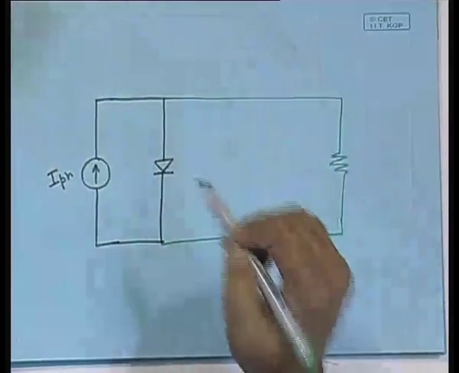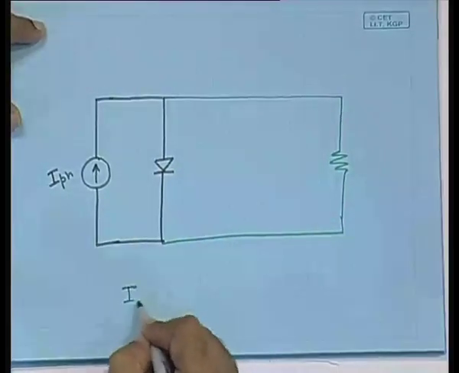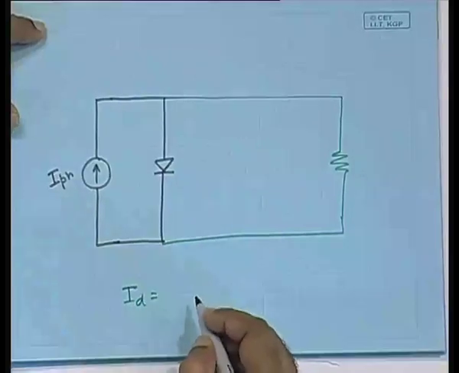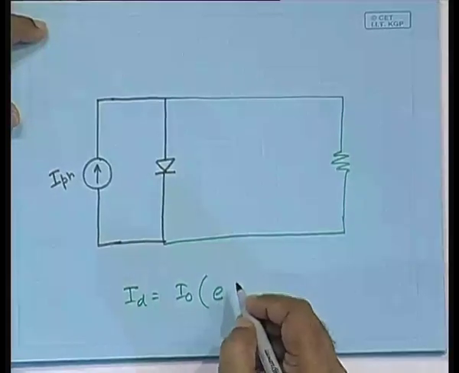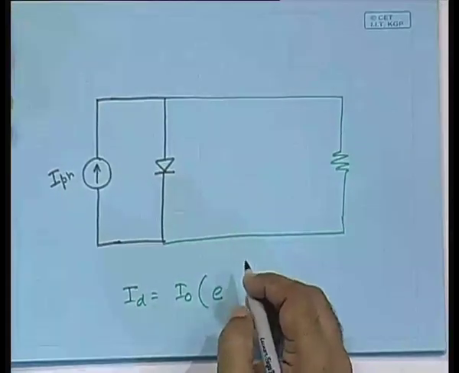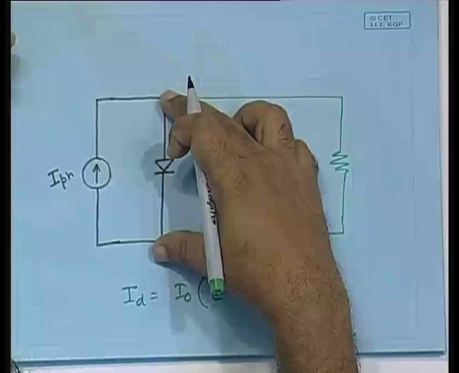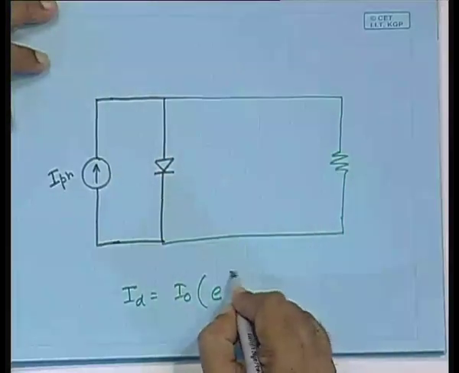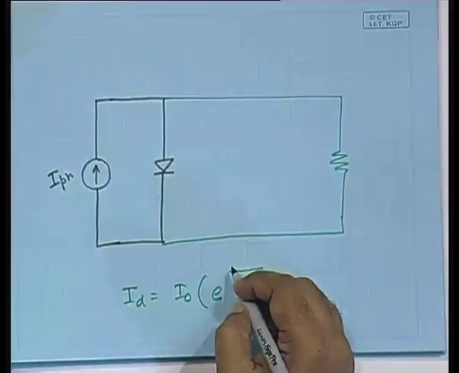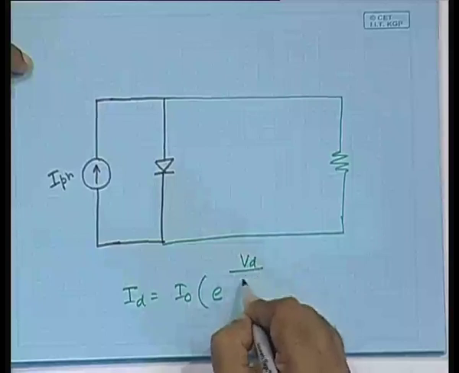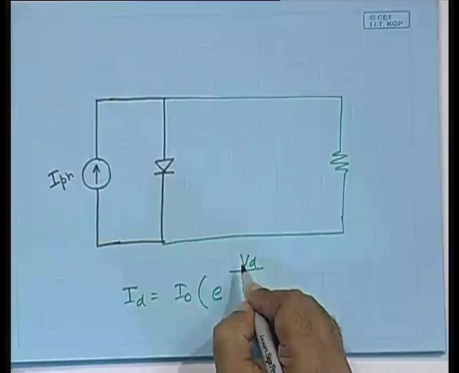And you know how much is the current through the diode? The diode current I d is I naught e to the power the diode voltage divided by a factor.